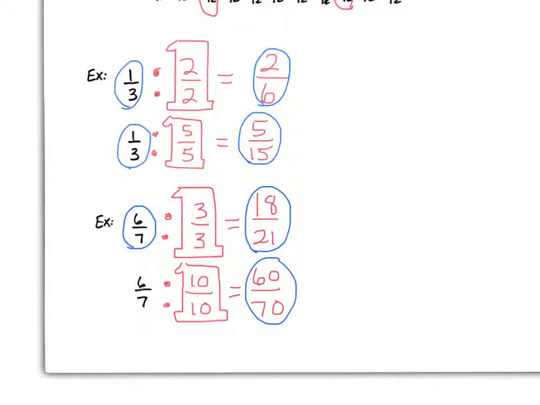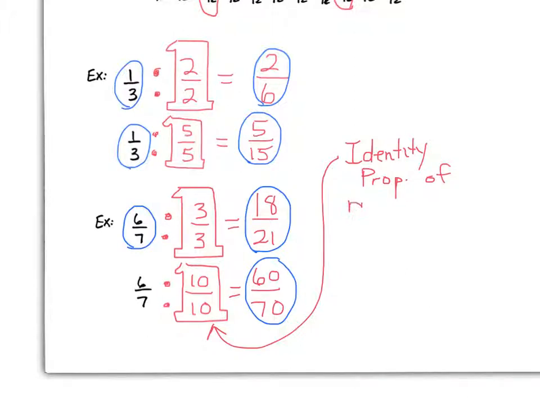And all I'm doing in here is using the identity property of multiplication, which tells me that I can multiply by 1 and it does not change anything.